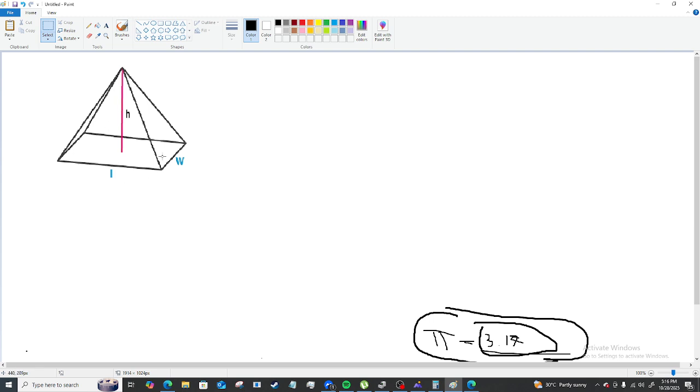Let's see, 1/3. The formula for this is 1/3 LWH. Now let's find the length. This equals 2 cm.